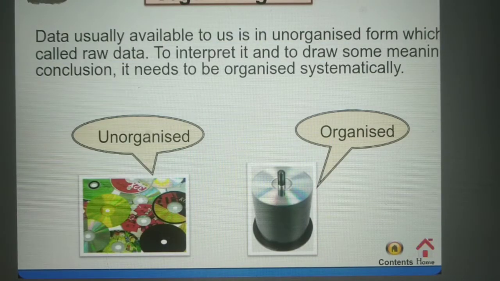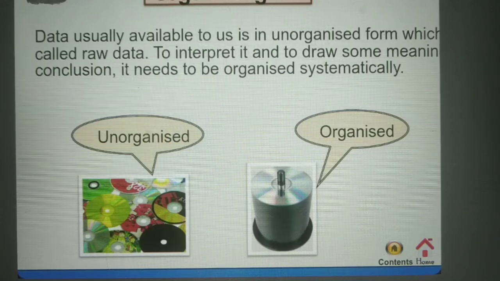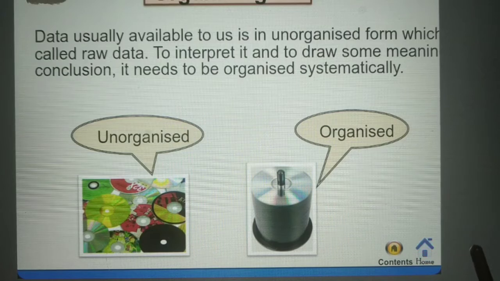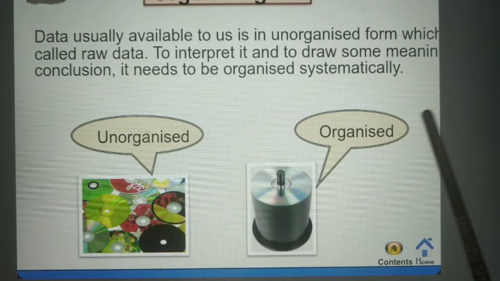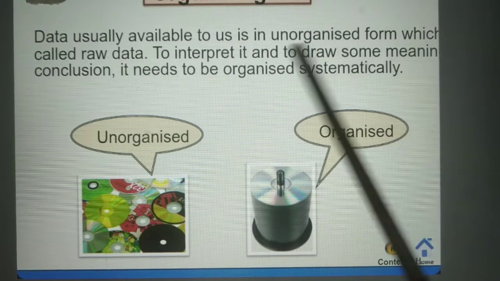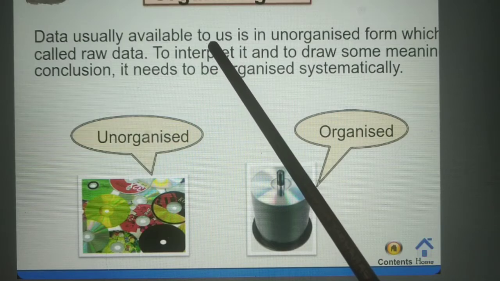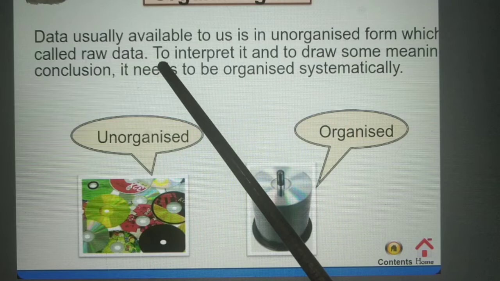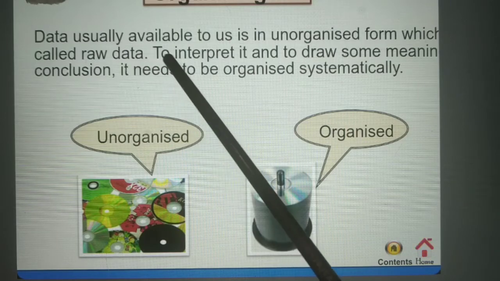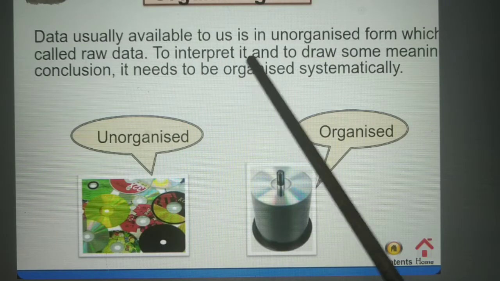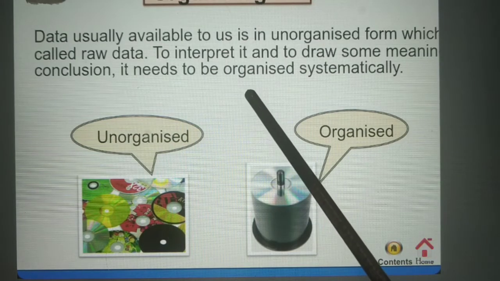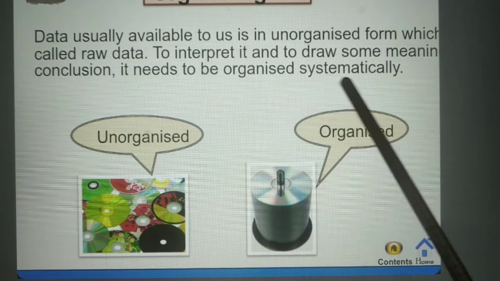Now students, our next topic is organization of data, organizing and grouping of the data. Basically, why do we organize the data? Actually, data is available to us in an unorganized form, which is called raw data. To interpret it and to draw some meaningful conclusions, it needs to be arranged systematically.